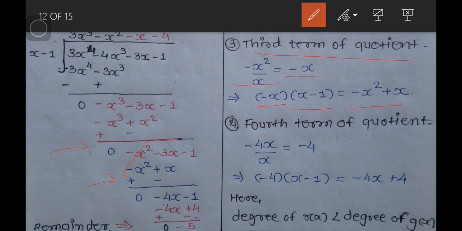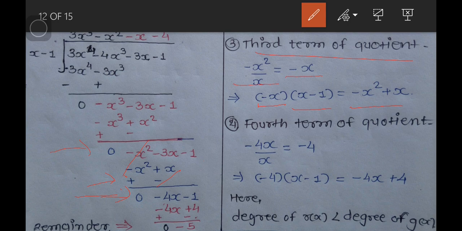We subtract minus x square from x square, then it is equal to 0. Now here 3x minus x, so it will be minus 4x, and minus 1 as it is we put in the dividend. So now our new dividend is minus 4x minus 1.